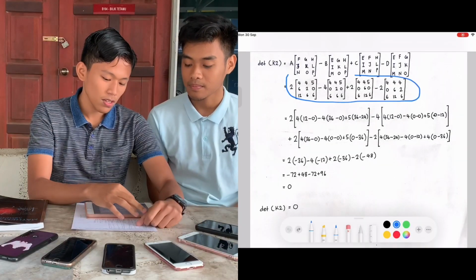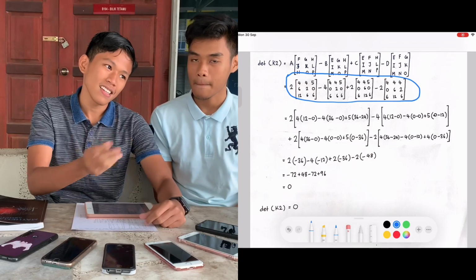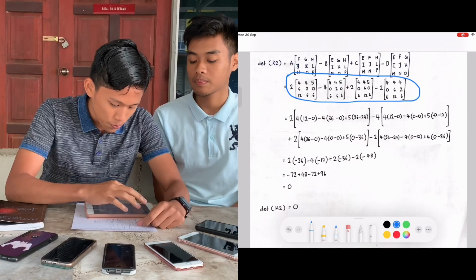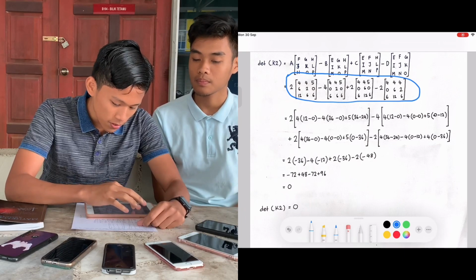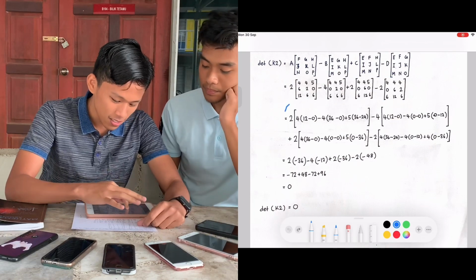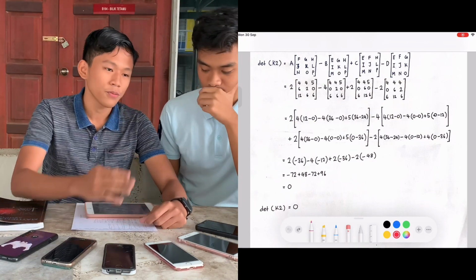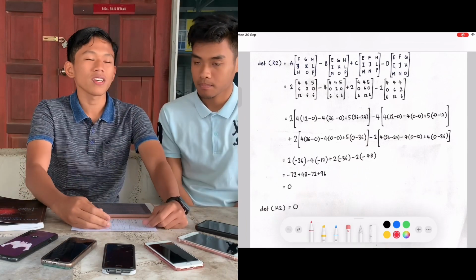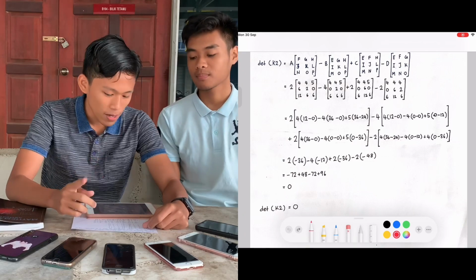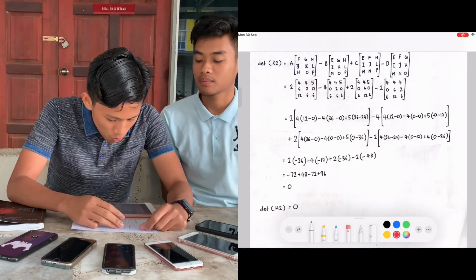Matrix, we can solve it just like usual, but it will be different. Usually we use AD minus BC, but in this case we have a 3 by 3 matrix.